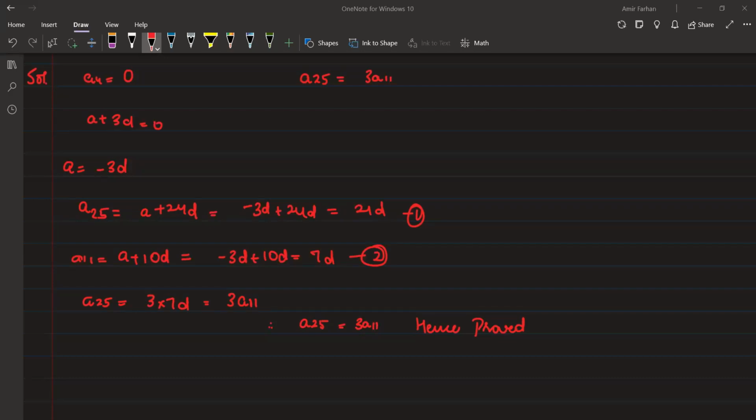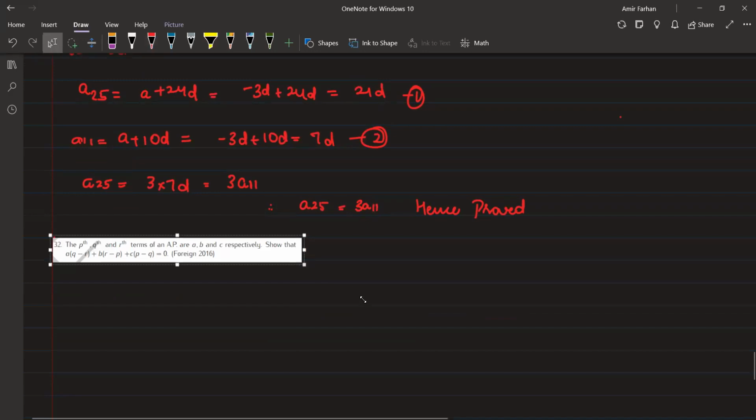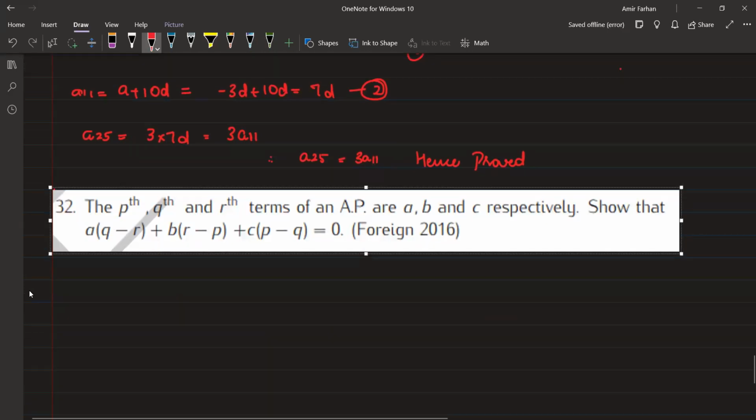Next is 32. This is the pth, qth and rth terms of an AP being a, b, c. Basically, this question is straightforward. The question is saying that the pth term of an AP is a. So a is equal to A plus (p minus 1) into D. This is your first equation.